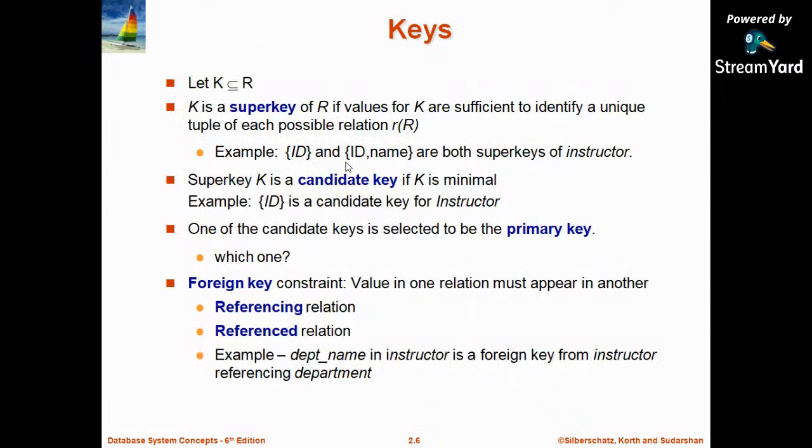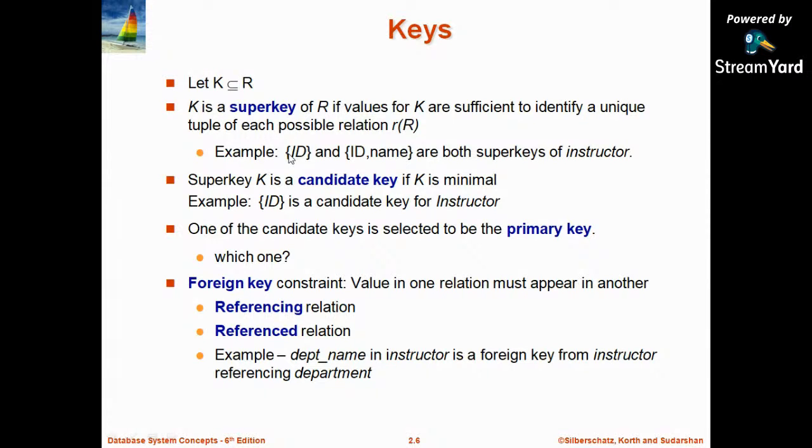The key has different definitions. There are multiple terms to represent the keys. The first term is a super key. A super key means the attribute or the combination of attributes which can uniquely identify a row.